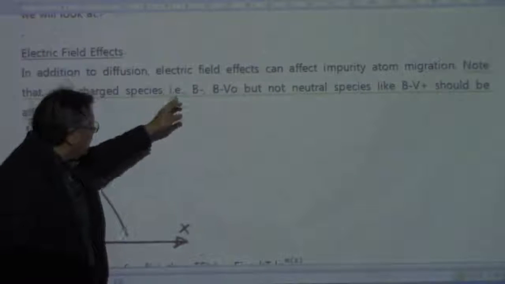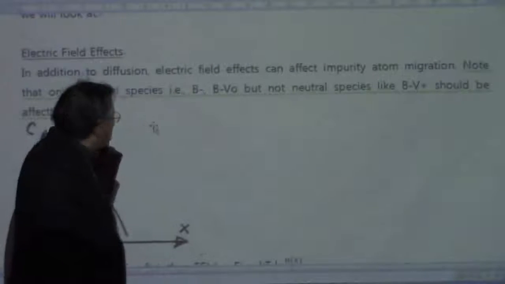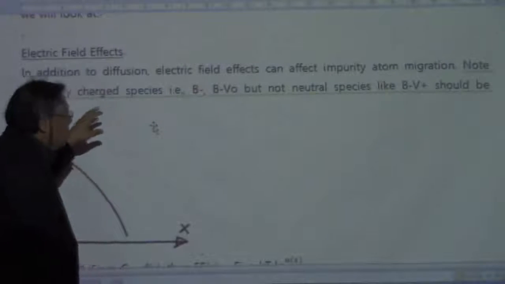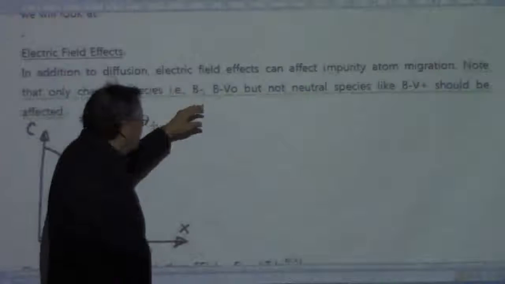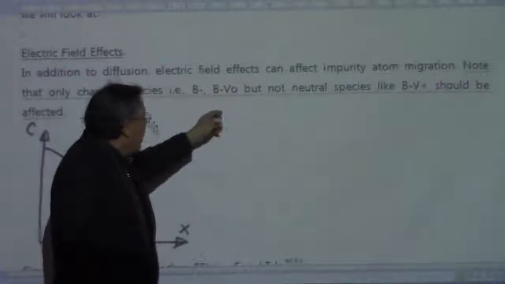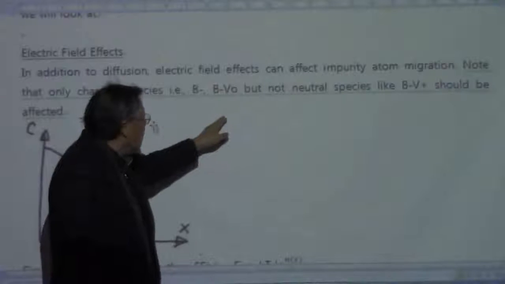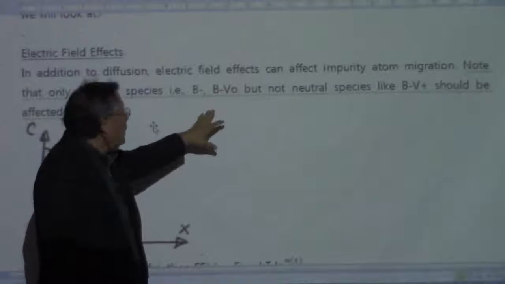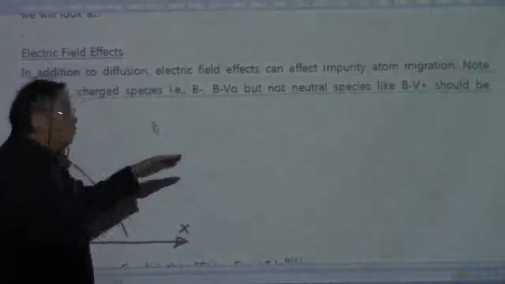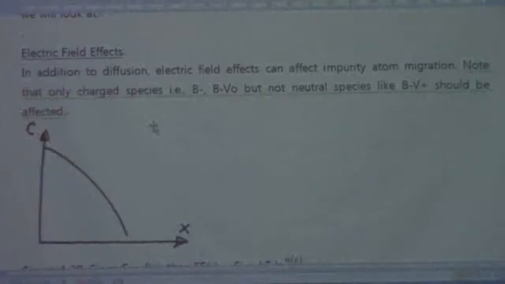This is not a coupled boron, which we don't really have to worry about in this diffusion process. So this is the negatively charged one, and for the case of N-type dopants, we have to worry about P plus and the neutral, things like that.